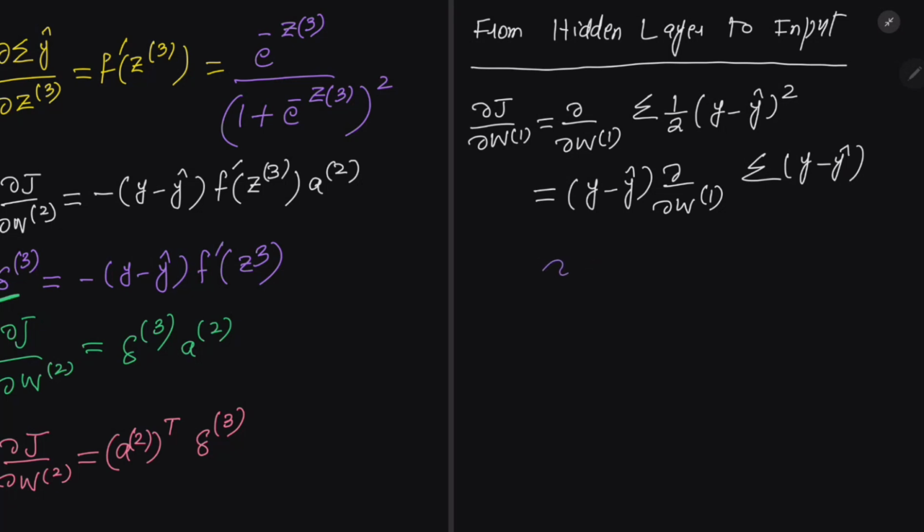Then we have minus y hat partial by partial W1 and summation y hat, since y is just a constant, and y does not contain W1.